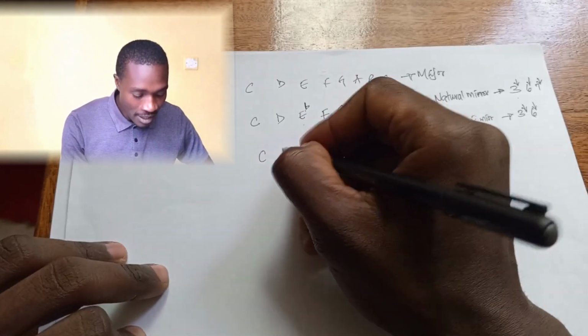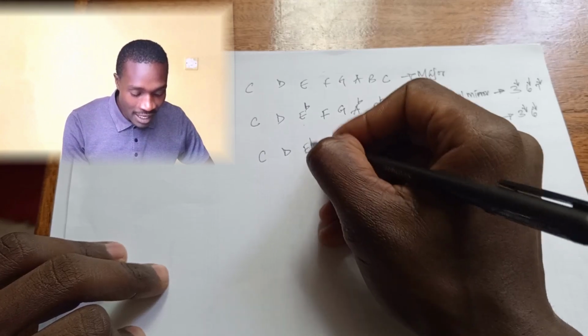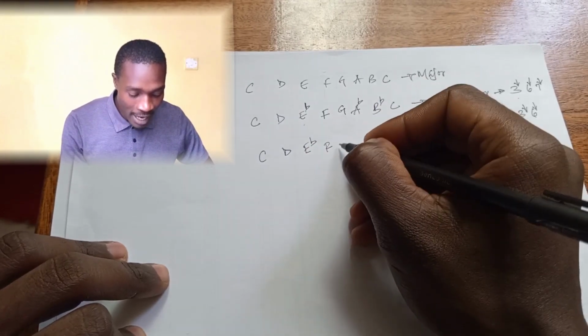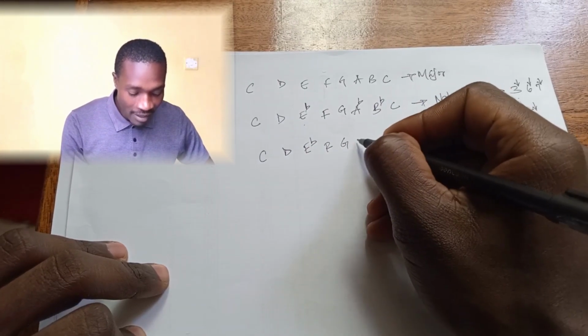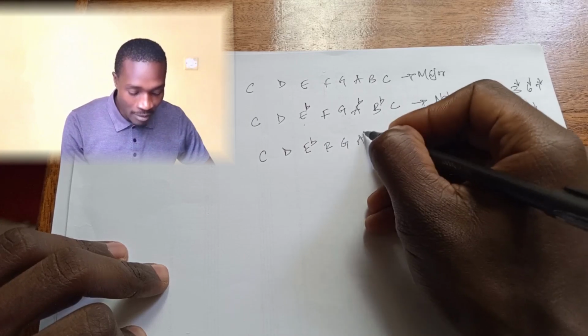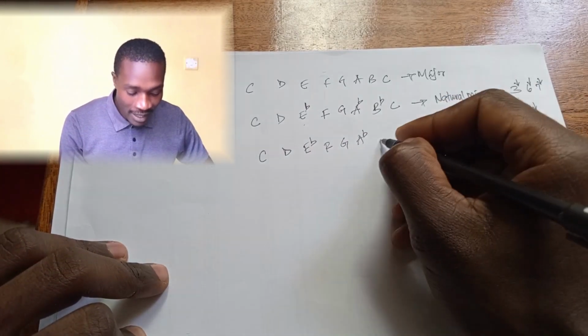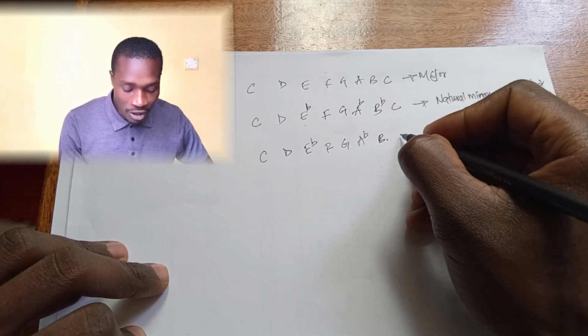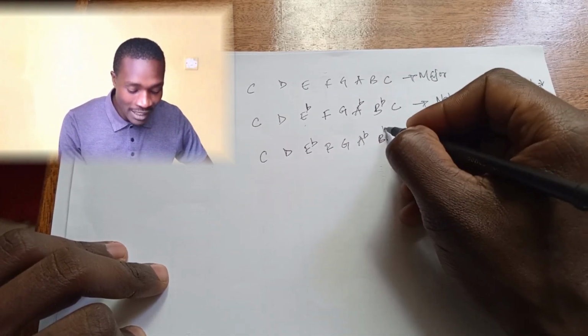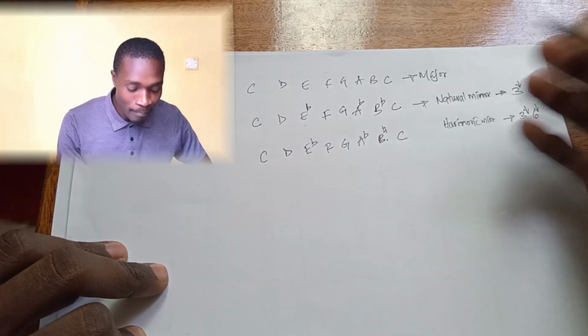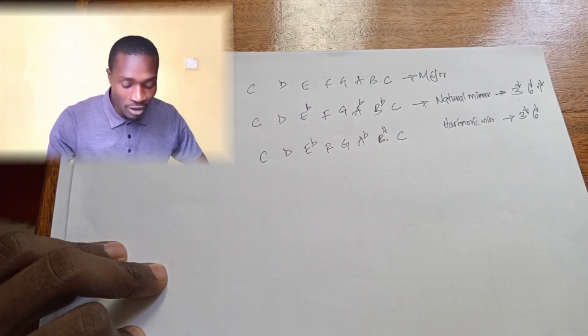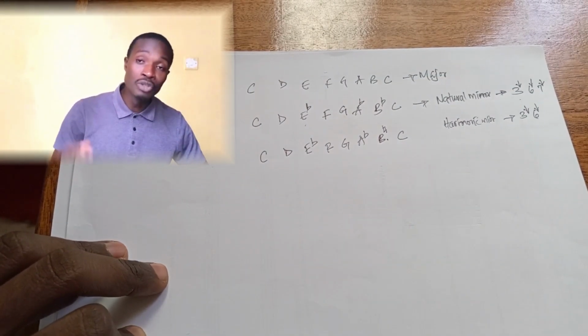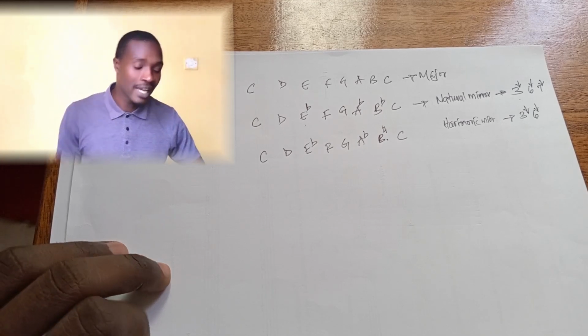We have C, D, the third, which is E, has been lowered. Then we have F, G, then the sixth, which is A, has been lowered to A flat. Then the seventh is not going to be lowered, but we can remind ourselves from the natural minor that we had lowered it. So we are not going to lower it, but we are going to use the natural sign for us to have it.